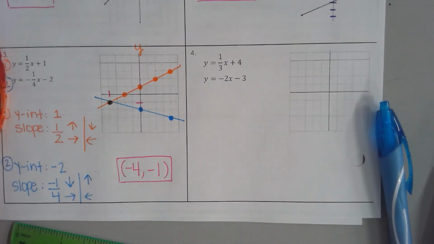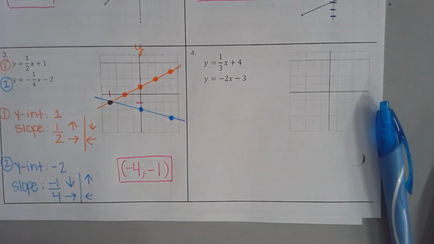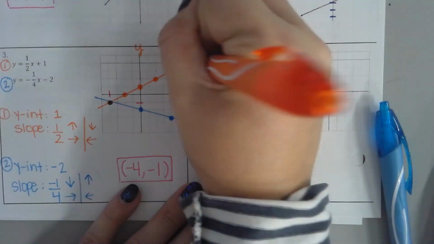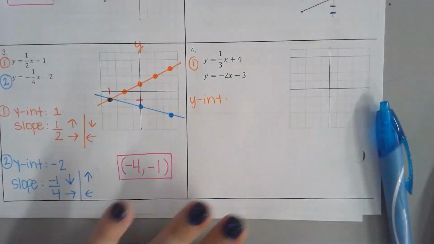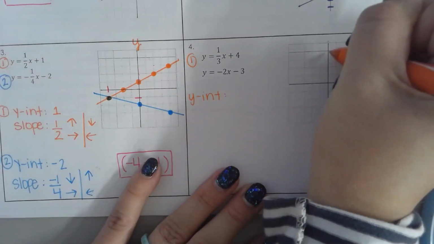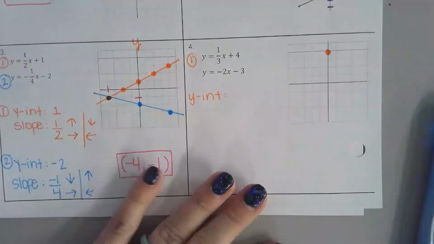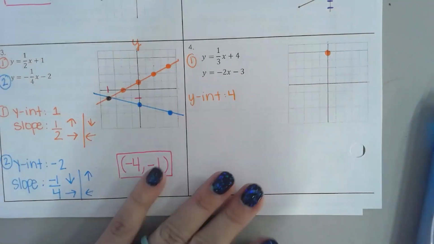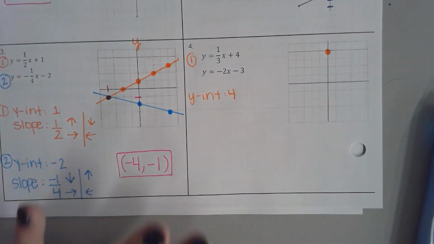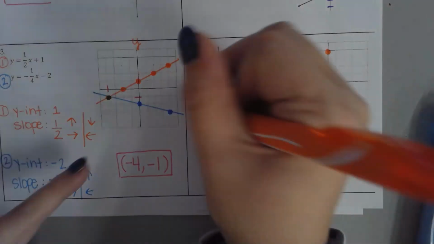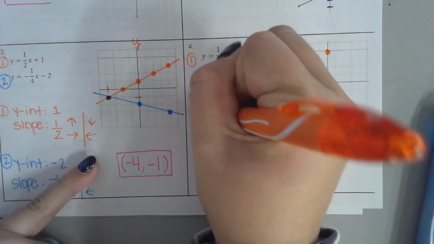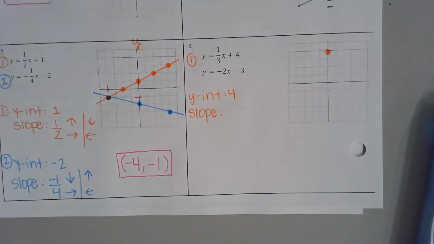Okay, we ready for number 4? All right, my first line. What is my y-intercept? 4. So I put my point on 4. And then what is my slope? 1/3. Good.